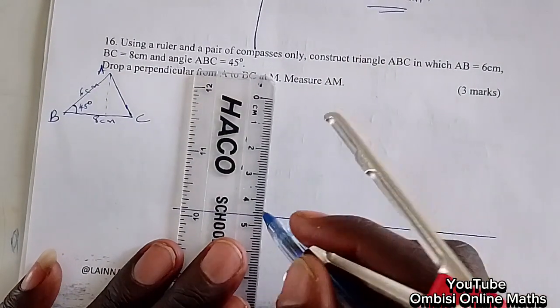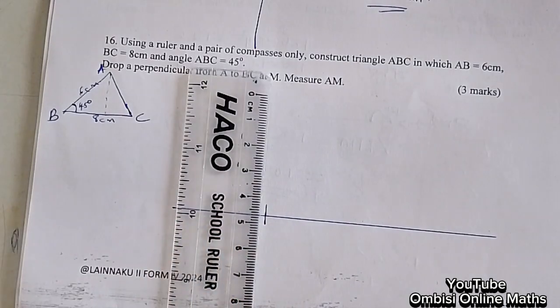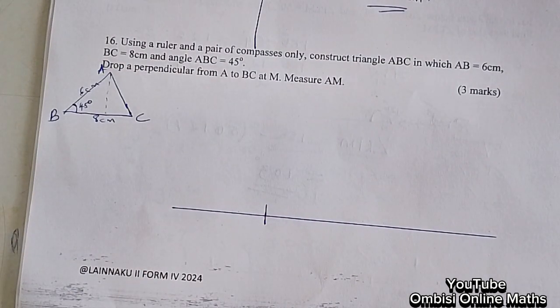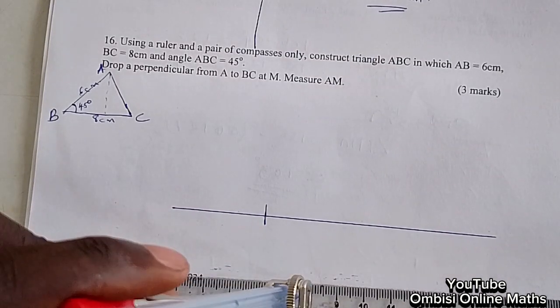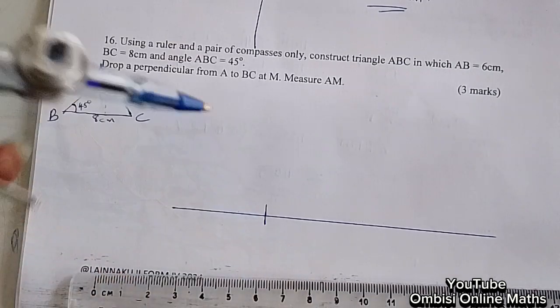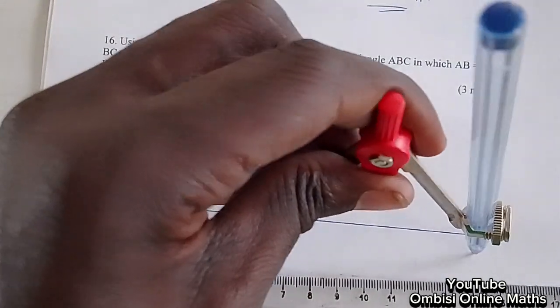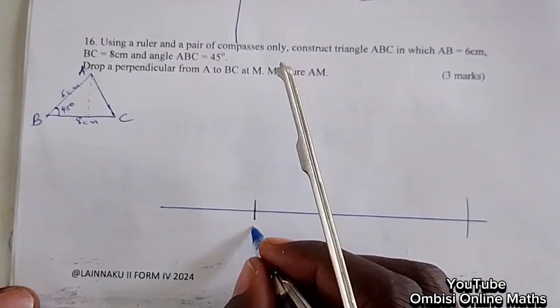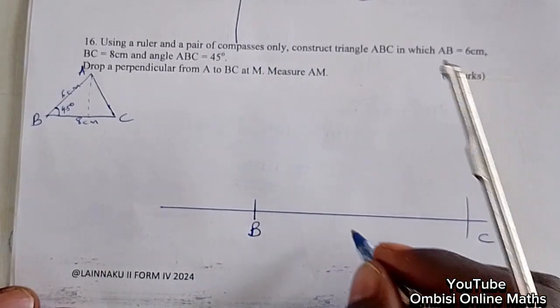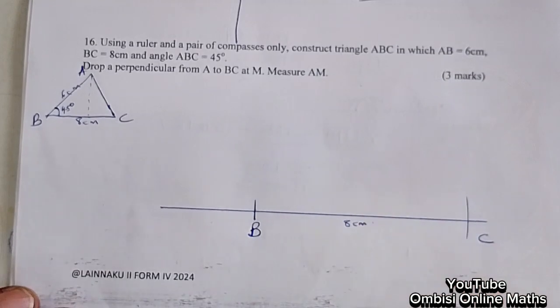Mark a point B. Then measure exactly 8 centimeters on your ruler and construct a point C. So here it is B, here it is C, and here it is 8 centimeters.